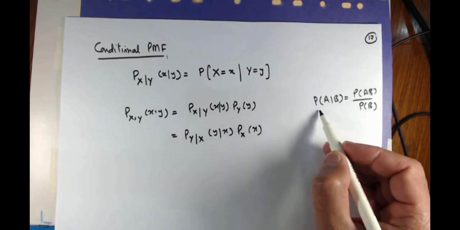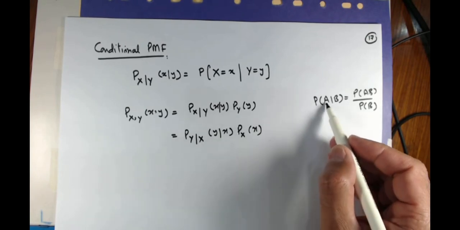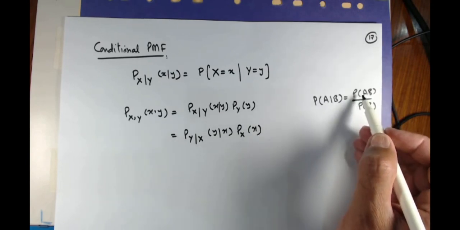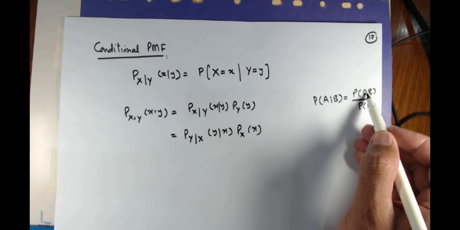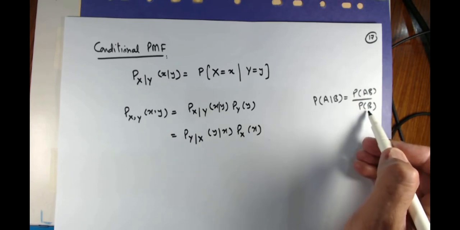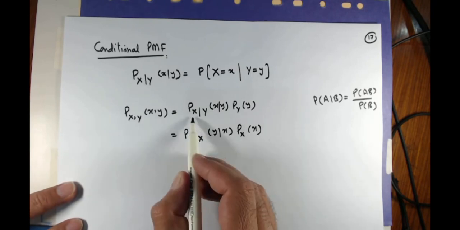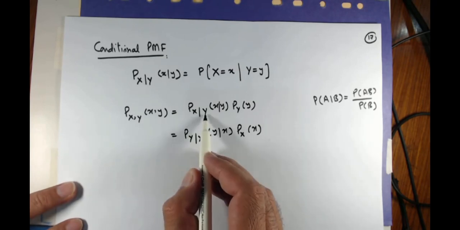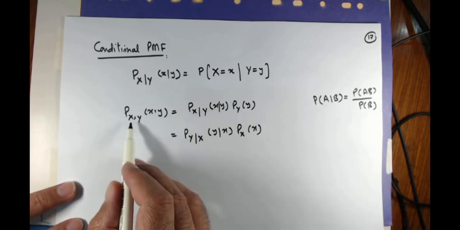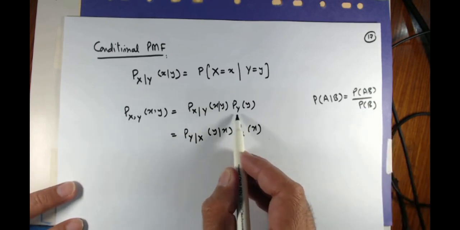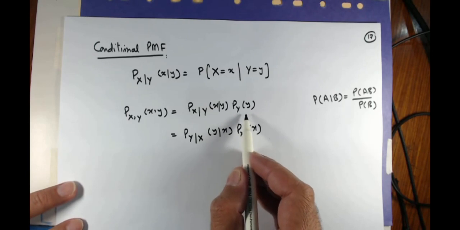So the probability of A conditioned on B is the probability of joint occurrence divided by the probability of the conditioning event. And if we apply the same here, probability of X given Y, like probability of A given B, is the joint occurrence divided by the one that is conditioning.